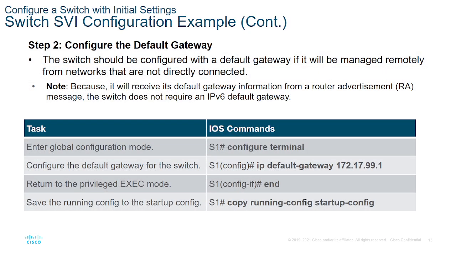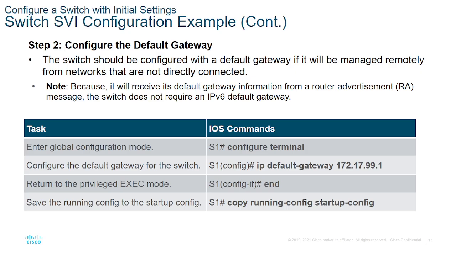So, of course, the switch should be having a default gateway if it's going to be managed remotely, and you have to know what default gateway address to use. And the IP command that you use to set the default gateway is ip default-gateway followed by a gateway address. So the gateway address is normally the IP address of the router that connects to your network.